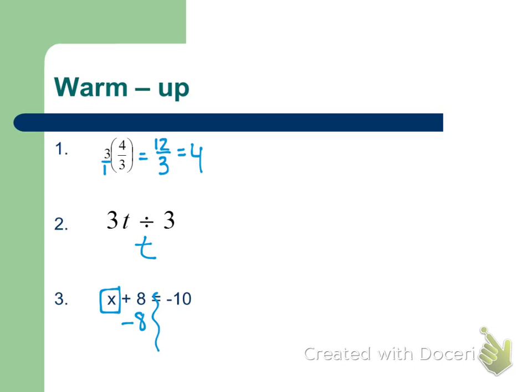Subtract 8. We do it to one side, we got to do it to the other side. And we get x equals negative 18, right? So when we see this, we lost 10, we lost 8 more. That means we lost a total of 18, negative 18.